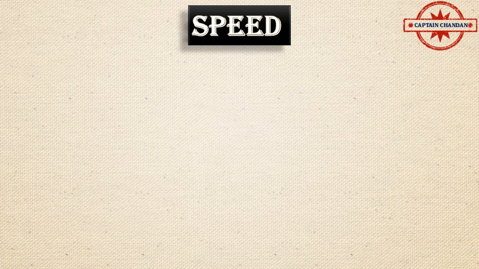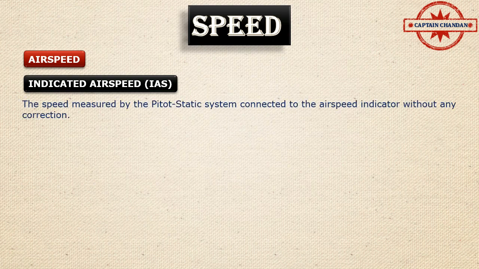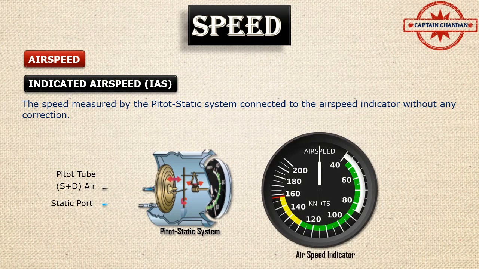Now we'll talk about types of airspeed. In the first place, indicated airspeed: the speed measured by the pitot static system connected to the airspeed indicator without any correction, or to make it very clear, the airspeed read directly from the airspeed indicator instrument.